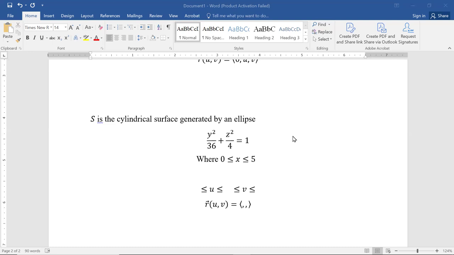So we're inputting a single variable and getting out an ellipse. Now, that parameterization relies on the Pythagorean identity for trig functions, that is cosine squared plus sine squared is equal to 1.